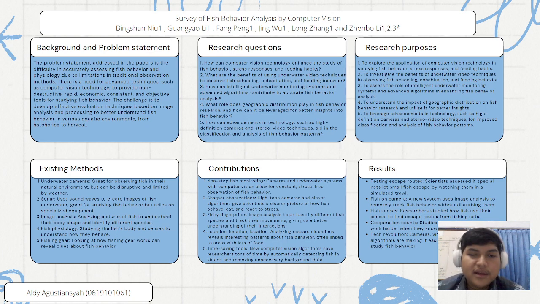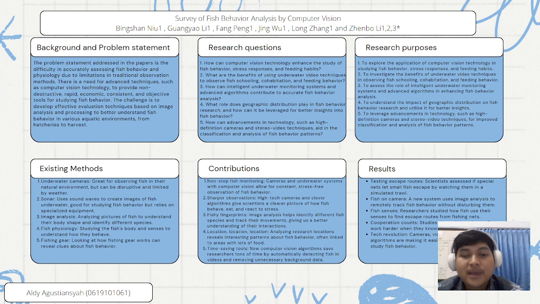The contributions this paper has brought us are: 1. Non-stop fishing monitoring. 2. Sharper observation. 3. Fishy fingerprints. 4. Location. Analyzing research location reveals interesting patterns about fish behavior, often linked to areas with lots of food.